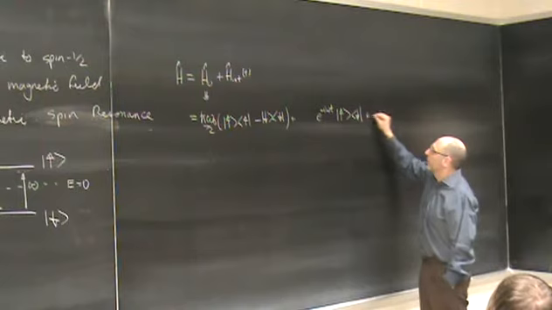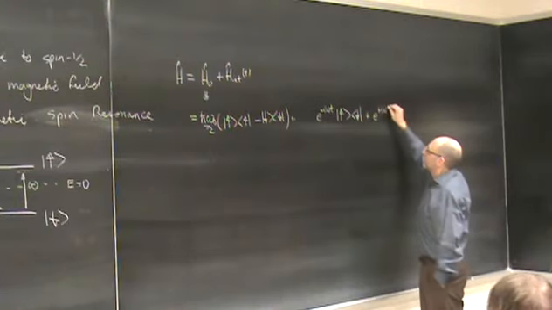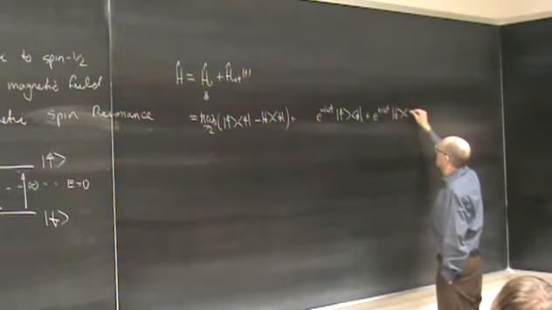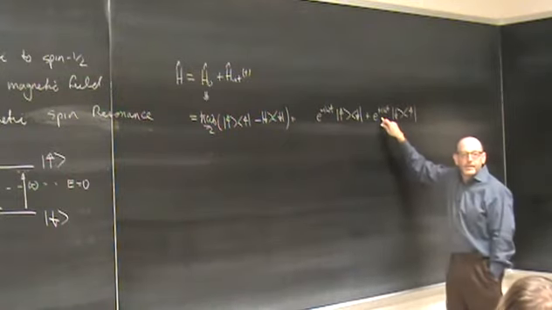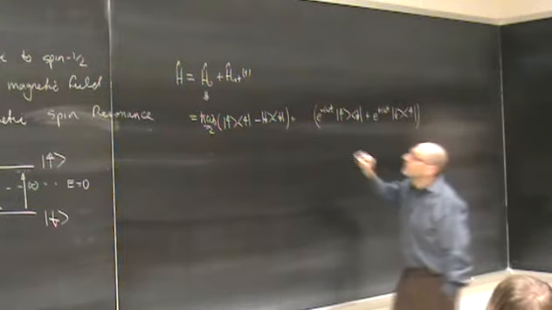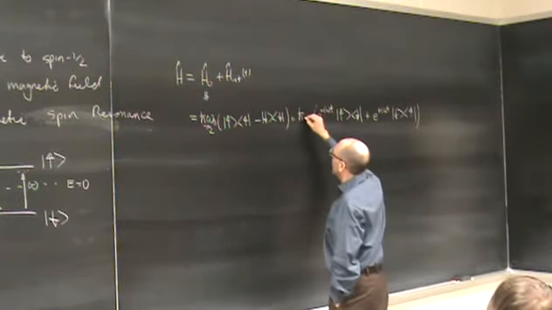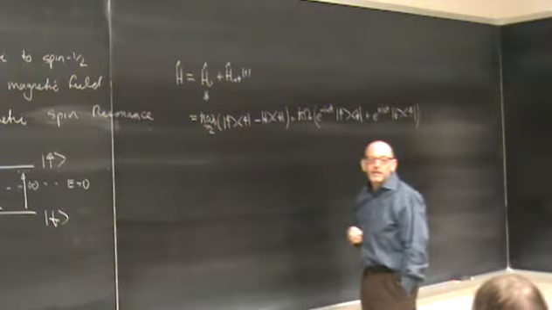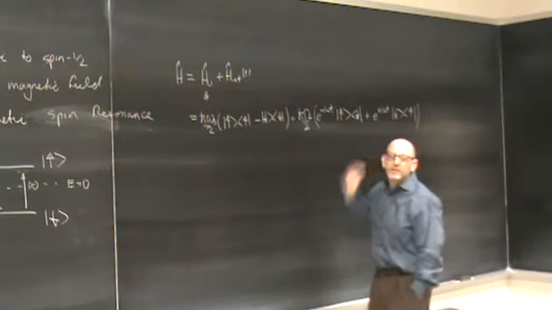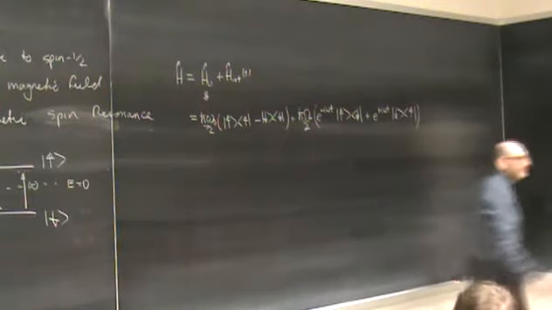And then there'll be a term that goes from up to down. And that will go like e to the plus i omega t. And then we need some energy scale here. So h bar, we'll call that frequency capital omega. And just by convention, we'll understand why we would put it over 2 there.